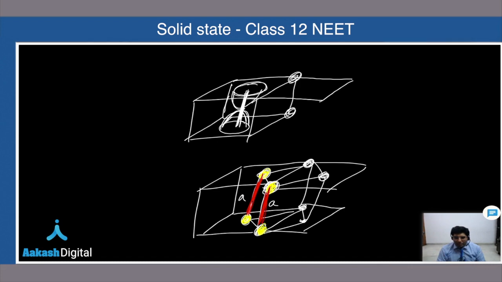The atoms are of the same element. They will touch each other. And if the distance is A between two atoms, that will be the same in the other two. And this distance will also be A.